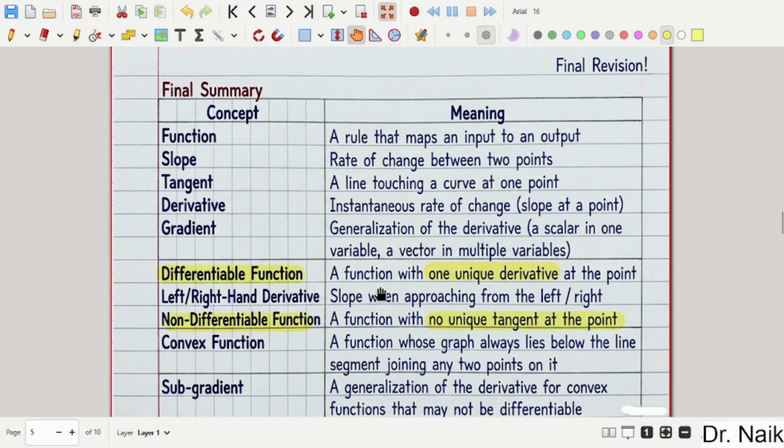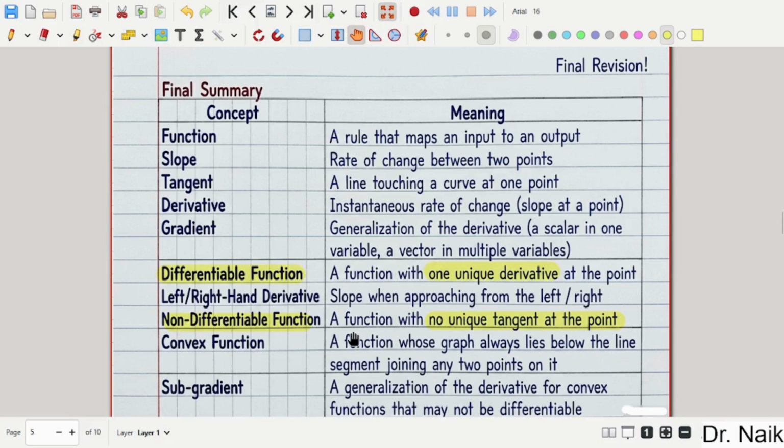A differentiable function is a function with one unique derivative at the point. Left hand derivative is the slope when approaching from the left hand side, and right hand derivative is the slope when approaching from the right hand side.